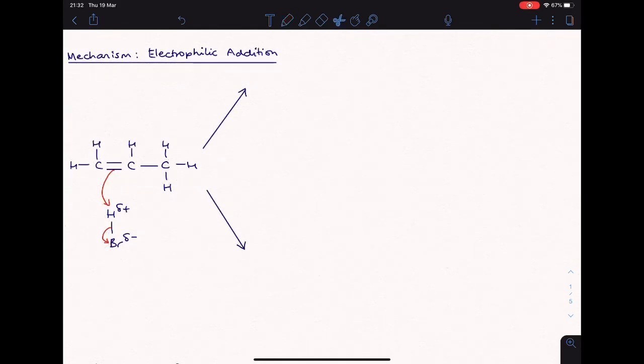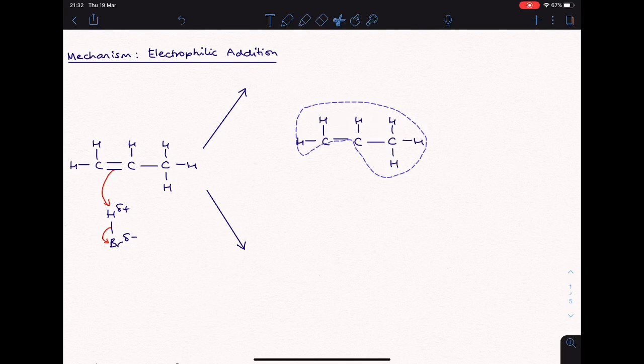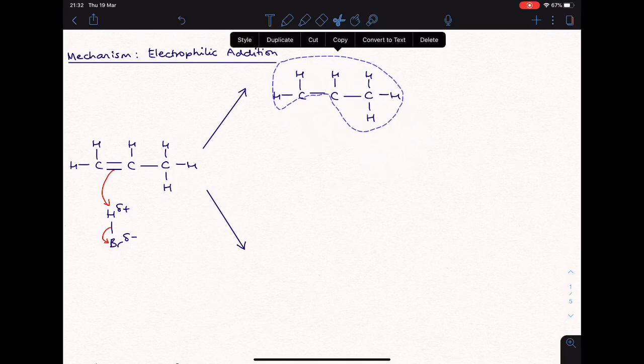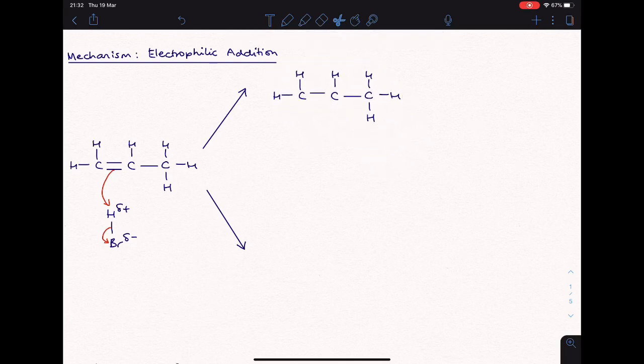So we can have two different possible intermediates formed. One of them could be where the hydrogen is bonded to this carbon, and the other one could be where the hydrogen is bonded to this other carbon.